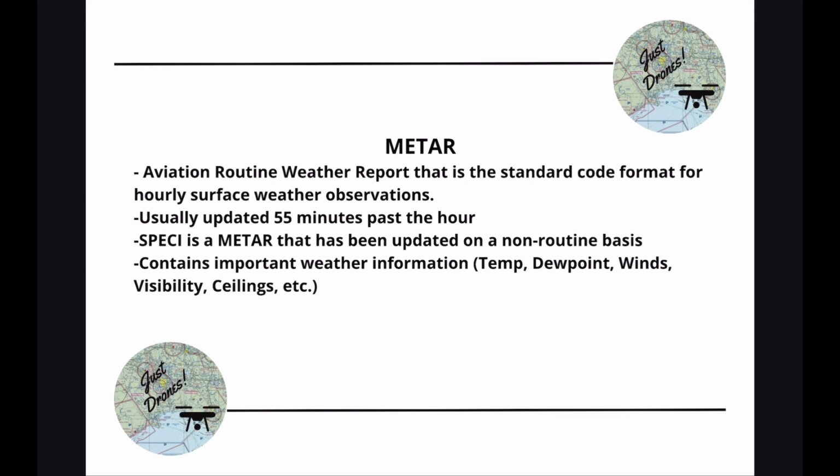It contains anything you would need to know that's very important as far as weather goes within that hour time frame, within that surface observation going on at that airport. So now that we know what a METAR actually is, let's take a look at a few sample problems.